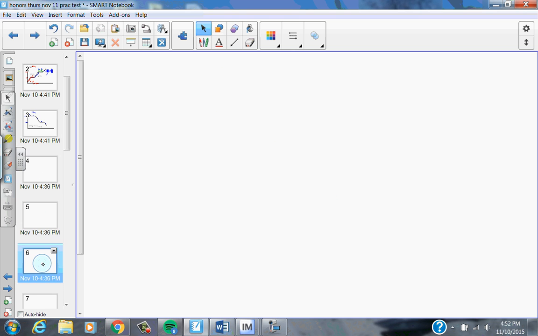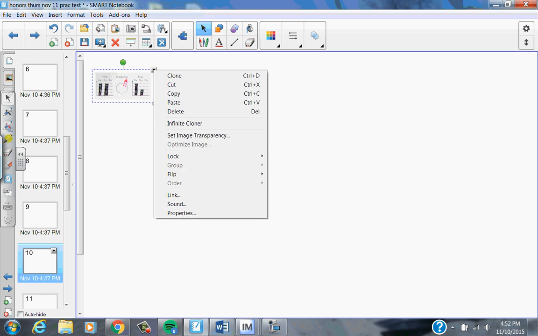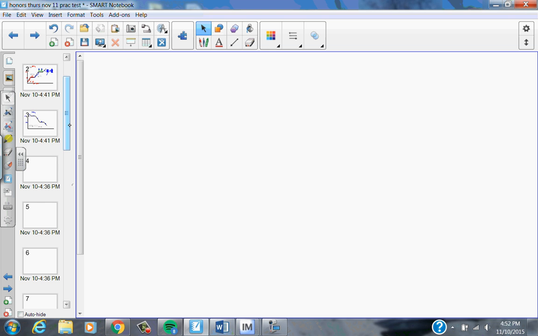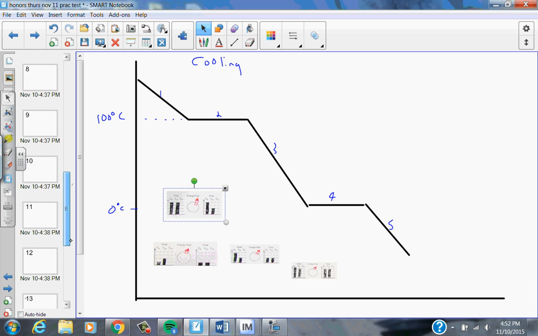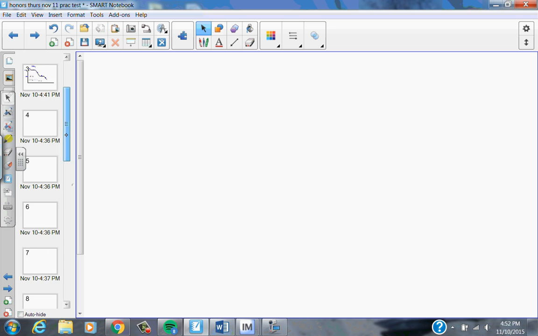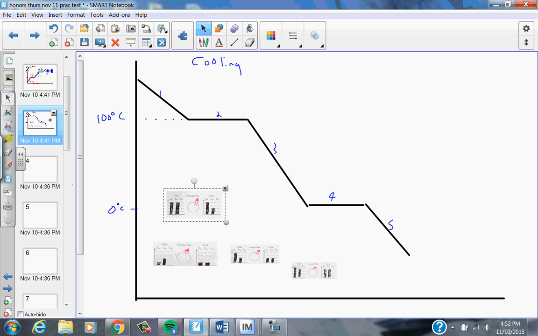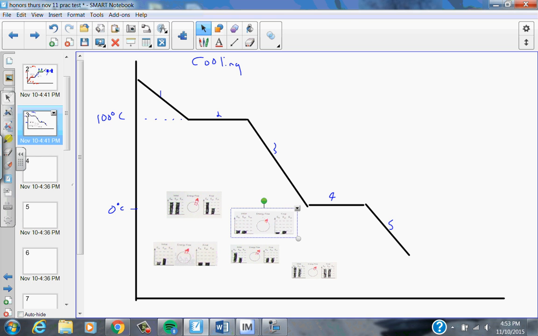Is there any left? There's got to be a couple, huh? There's one going out. I don't know if I see another one or if I goofed that one up. Oh, there's one. Heat's also going out. Okay. Every one of them has heat exiting. That's why it's cooling off.